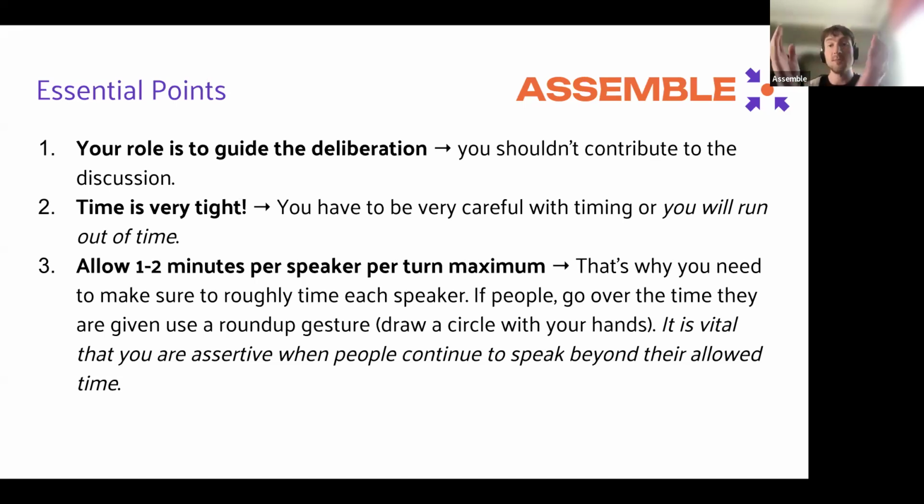But if they still don't stop when you ask them to round up in this shape, then it's your responsibility to interrupt them politely and just remind them that everyone has only a minute to speak, for example, and everyone needs to keep to the time so that everyone has a chance to be heard, right? And then you can move straight on to the next person. Okay, so it doesn't have to be a big deal at all.